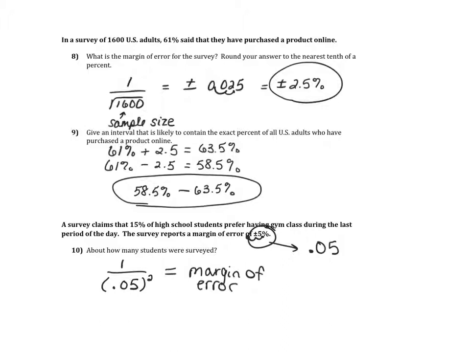And so let me erase margin of error. So once we erase that, what you can do is you're going to get out from this problem your sample size. And so all you have to do is plug it into your calculator just as you see it. 1 divided by 0.05. Make sure you square that. And when you do that, you get out that your sample size was 400 people. Then you're all set.